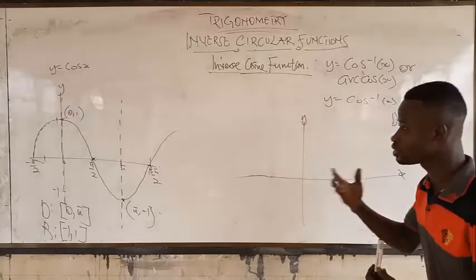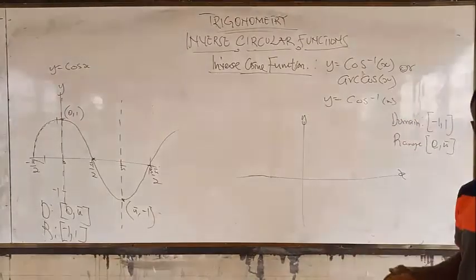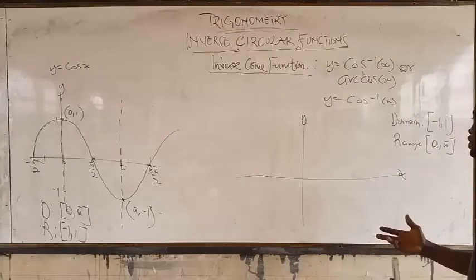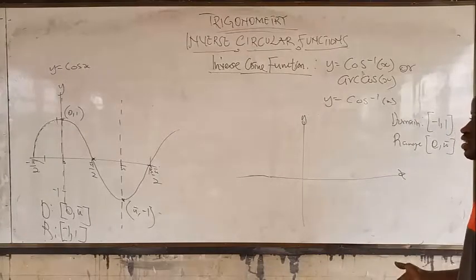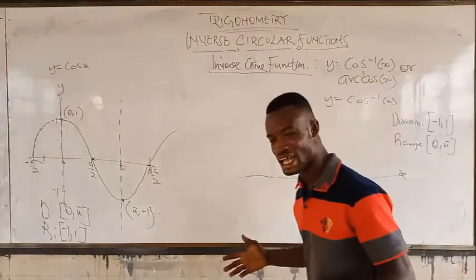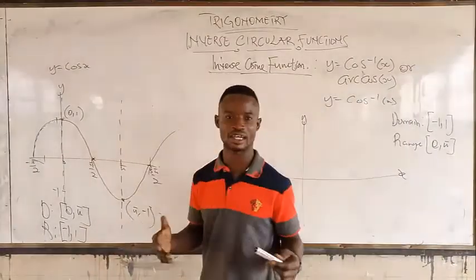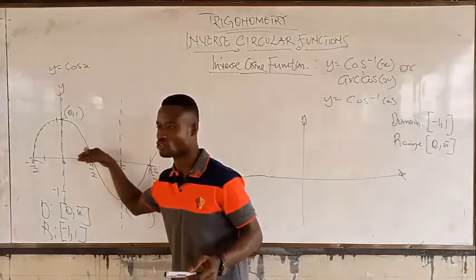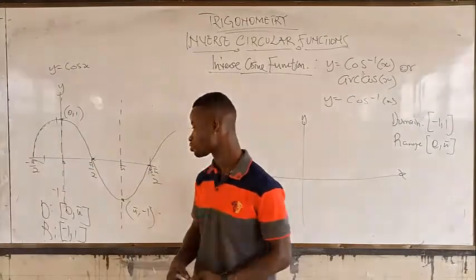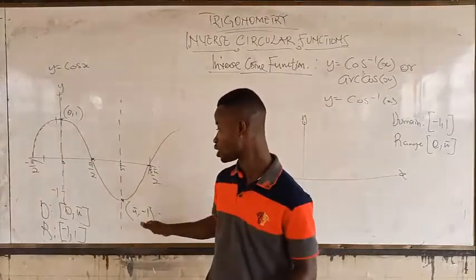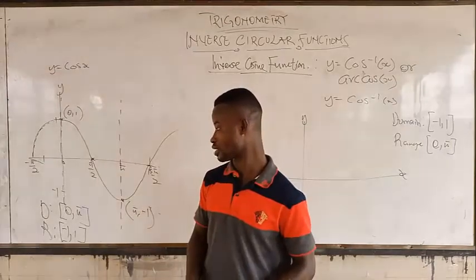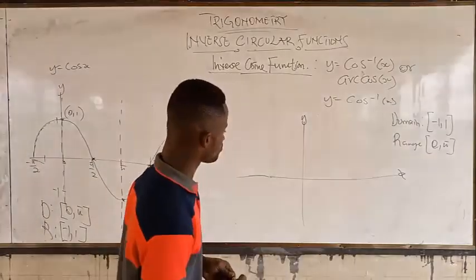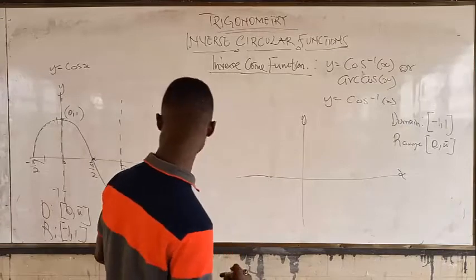You don't need to memorize this. If you know how the graph is, you can get it. It's not difficult. Know that one-to-one means that you cannot have more than one output. So simply let's now transform it.